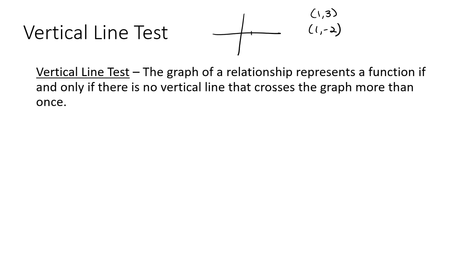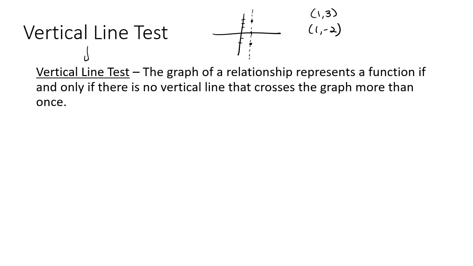Graphically speaking then, if I were to graph both of these ordered pairs, 1, 3, and 1, negative 2, to have two ordered pairs that violate the definition of a function, they have to both be on the same vertical line. So to determine if an equation represents a function, we look at its graph, or at least that's one way to go about it.